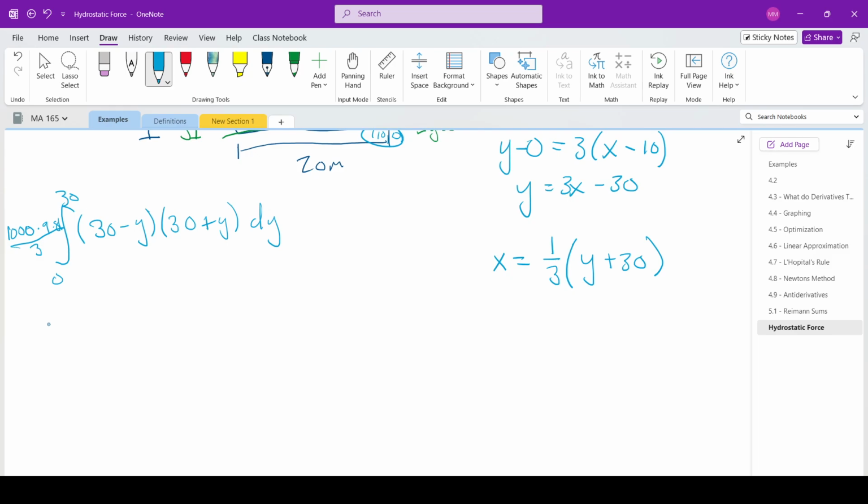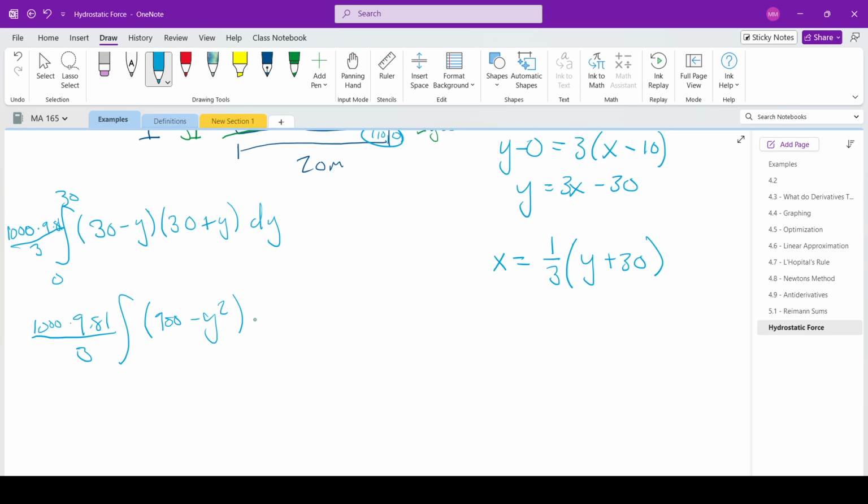So when I integrate it, I have my constant here, 1000 times 9.81 all over 3 times the integral of, this is 900 minus y squared. So I have, okay, 900 minus y squared. We're feeling pretty good about that. So then I say, okay, well, let's integrate.